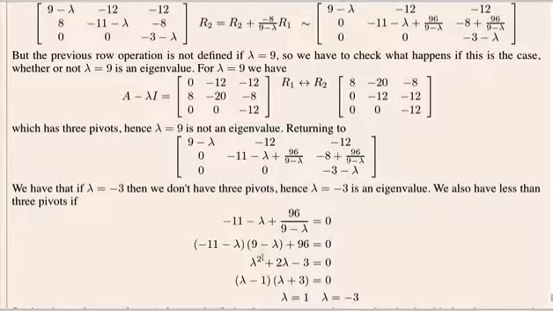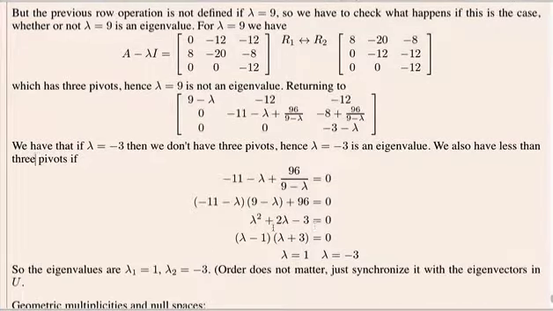Then we can multiply this out to get lambda squared plus 9 minus 9 lambda plus 11, that's plus 2 lambda, and then minus 99 plus 96, that's minus 3. Once we expand this product and simplify it, we can factor it to get lambda minus 1 times lambda plus 3 equals 0.